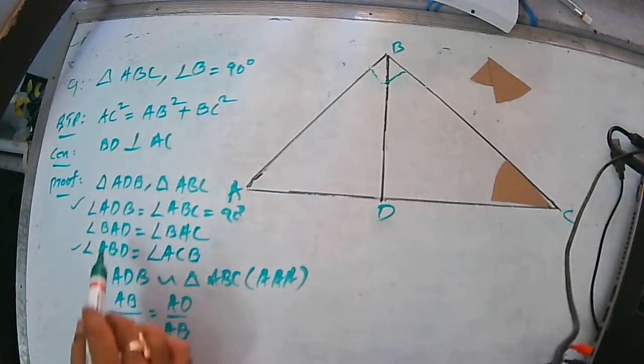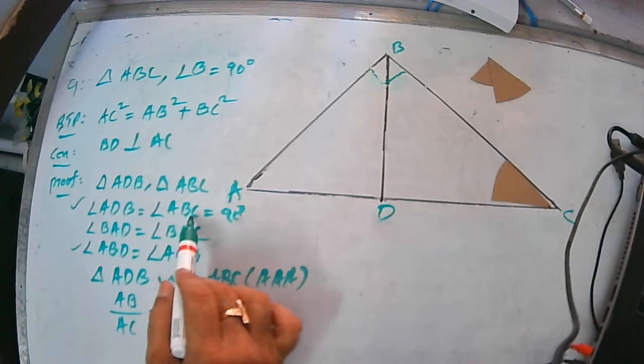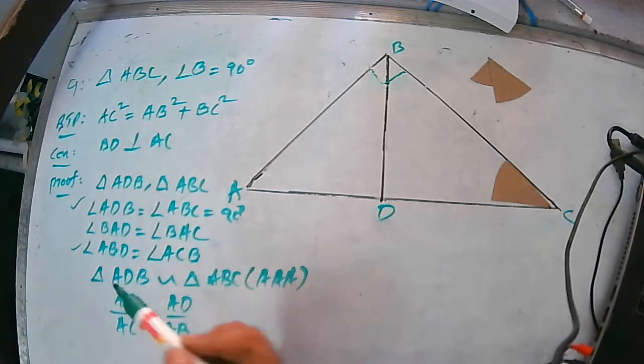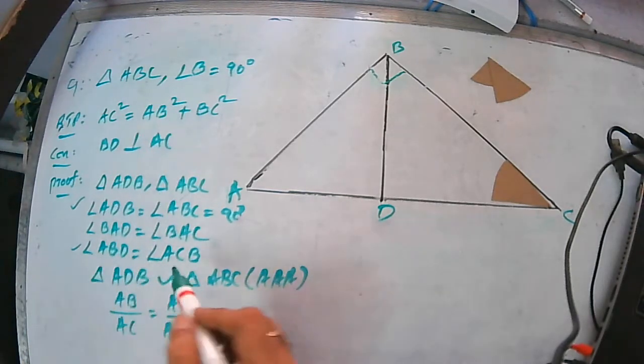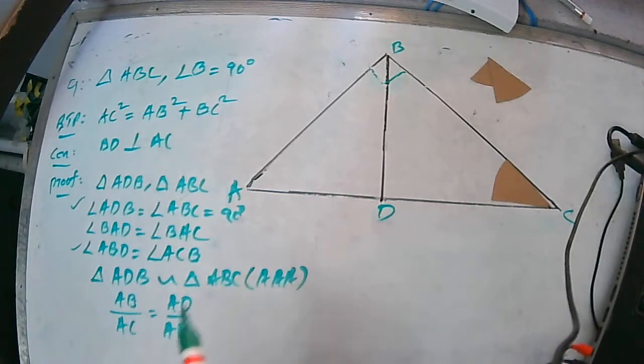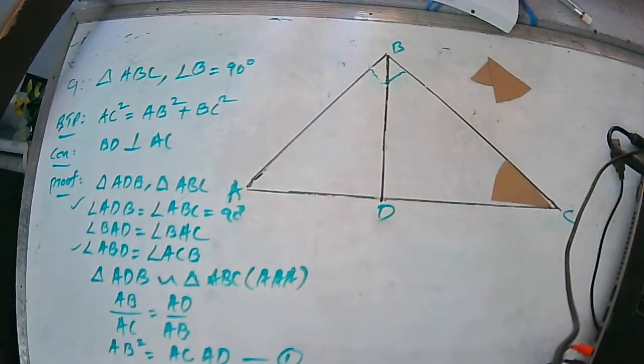For this angle the opposite side is AB, for this angle the opposite side is AC, that's why I am writing AB by AC. Here the opposite side for this angle is AD, here AB, so AD by AB. If you do cross multiplication, we get AB square equal to AC into AD. So this is the first one, you remember that.